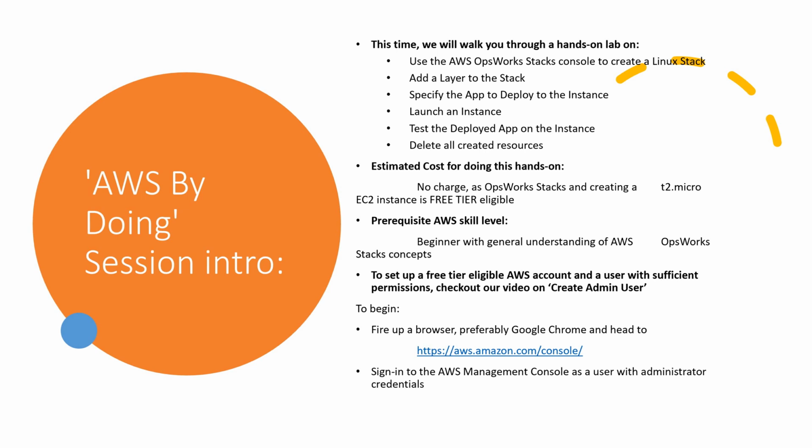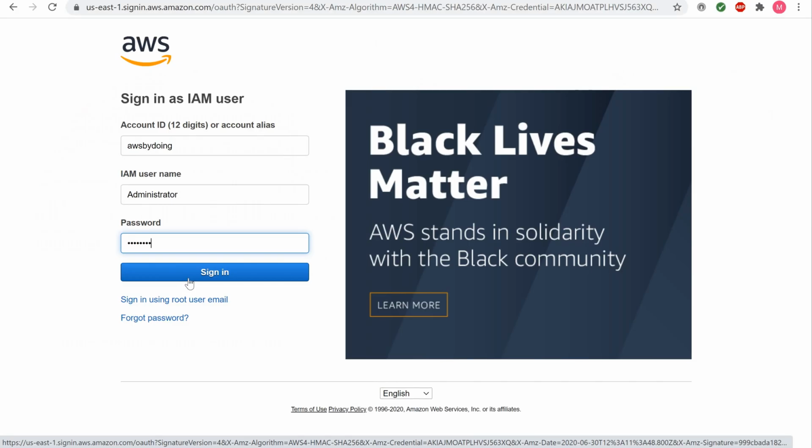To set up a free tier eligible AWS account and a user with sufficient permissions, please check out our video on Create Admin User. To begin, fire up a browser, preferably Google Chrome, and head to aws.amazon.com. Sign in to the AWS Management Console as a user with administrator credentials.